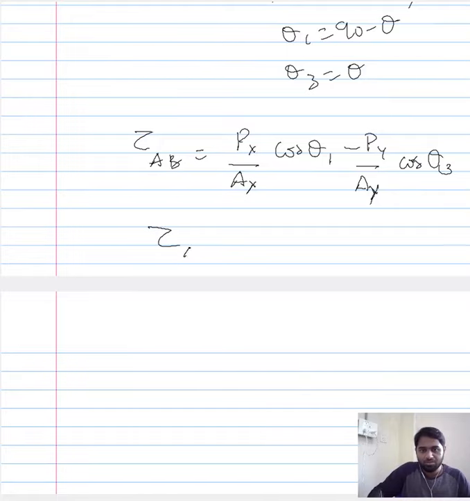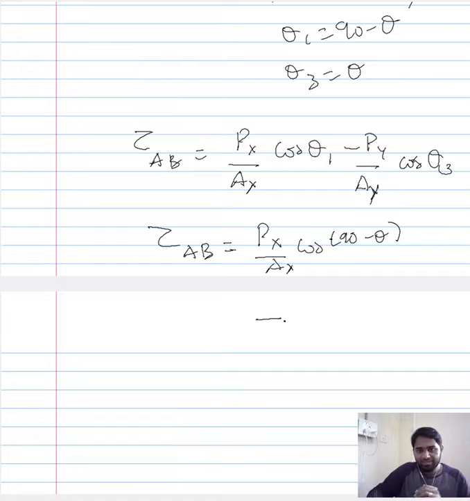So the shear component of stress acting along AB will be Px by Ax cos of theta 1, where theta 1 is 90 minus theta, minus, the minus coming from the convention because we are projecting to the other direction of our desired plane, Py by Ay cos of theta.